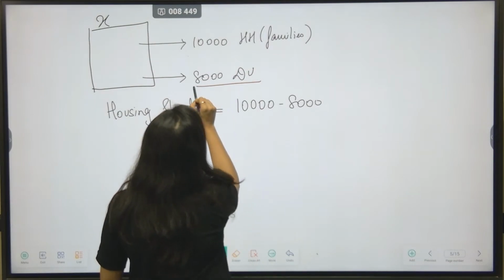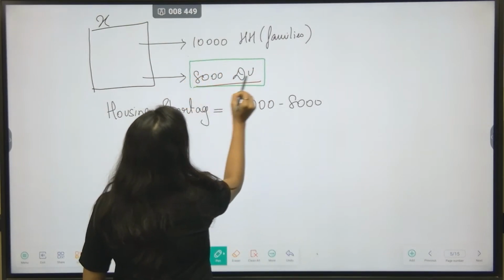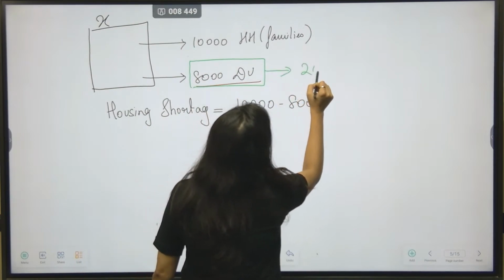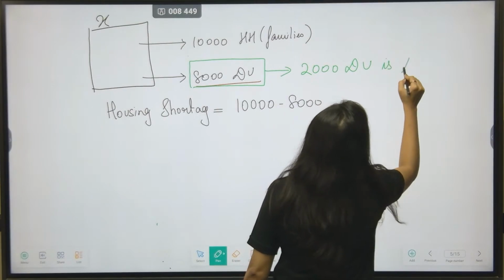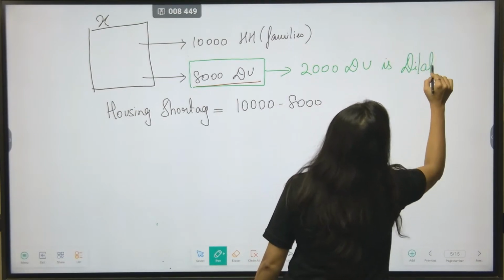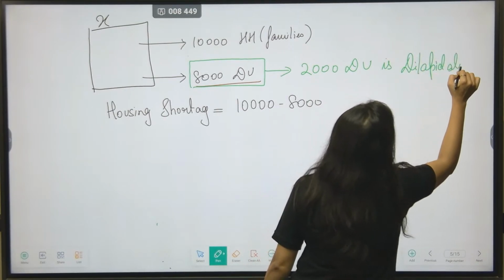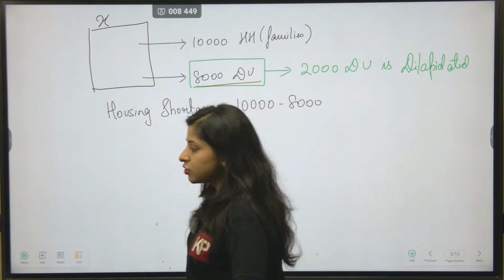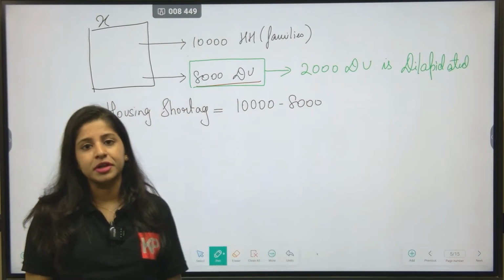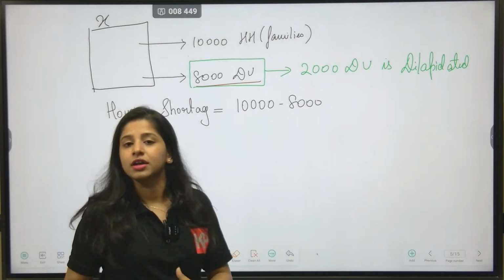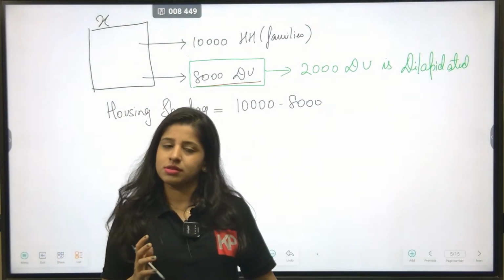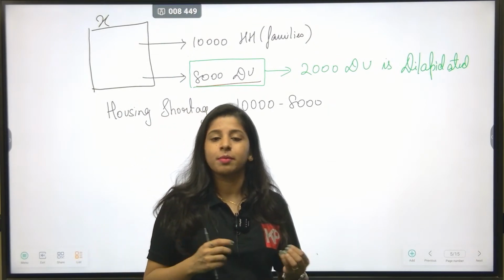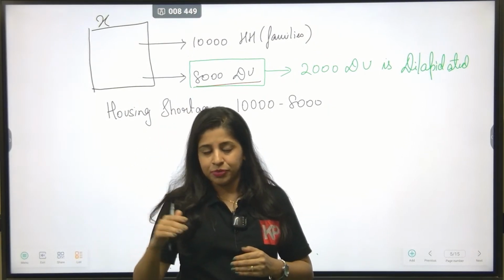Now let's say out of this 8,000 dwelling units, 2,000 dwelling units are dilapidated. Dilapidated means in a very bad condition, structurally weak. Every property has some kind of lifetime.